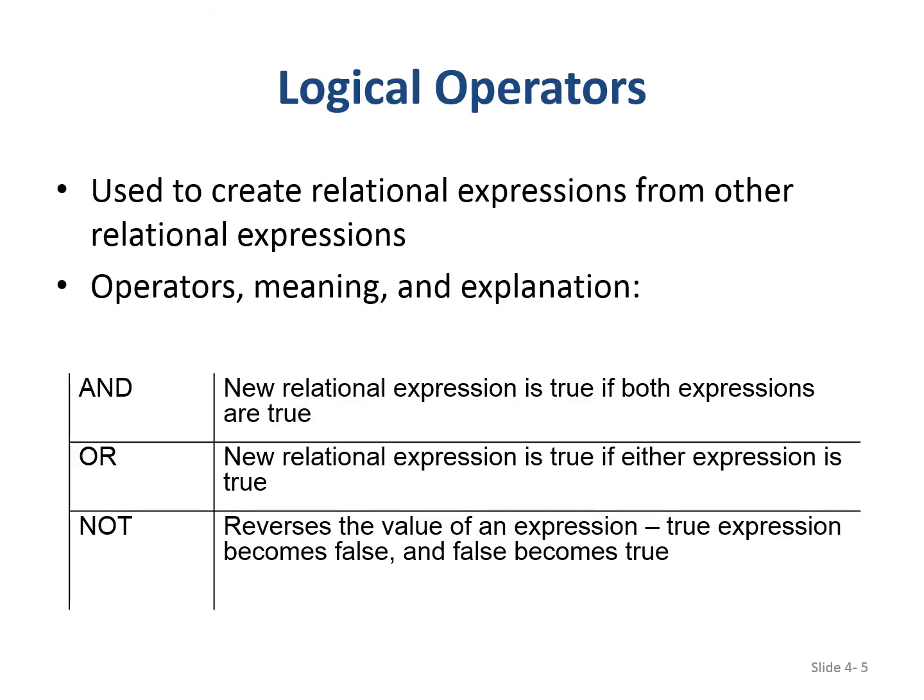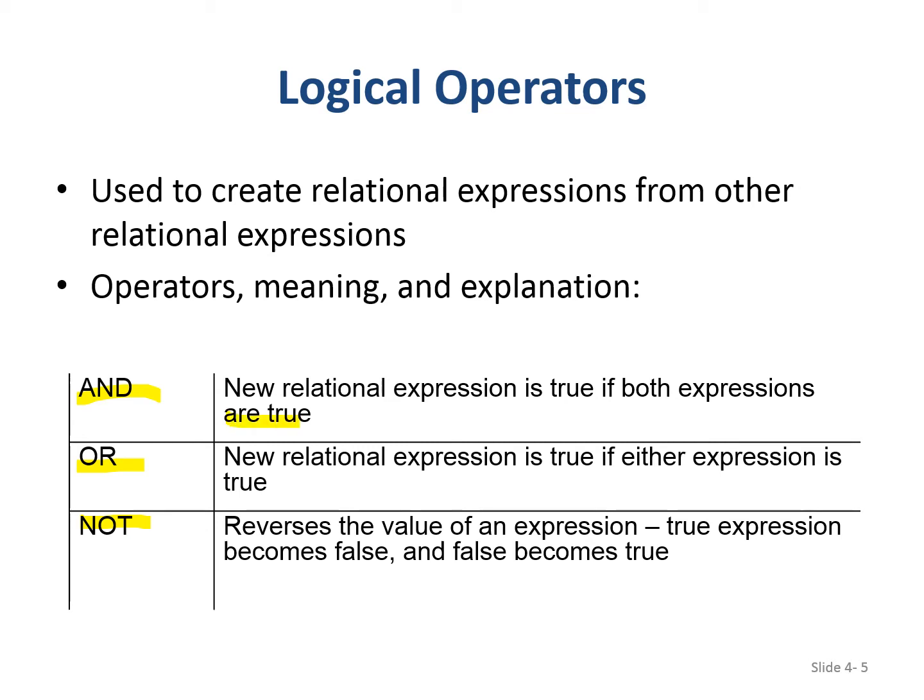So logical operators are used to create a relational expression from other relational expressions. Operators, meanings and explanations: we have and, we have or, and we have not. With and, the new relational expression is true if both expressions are true.